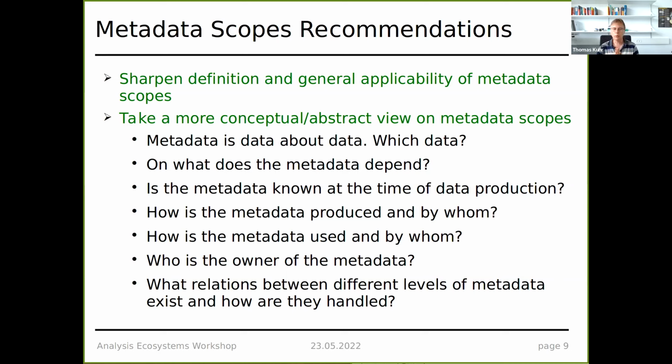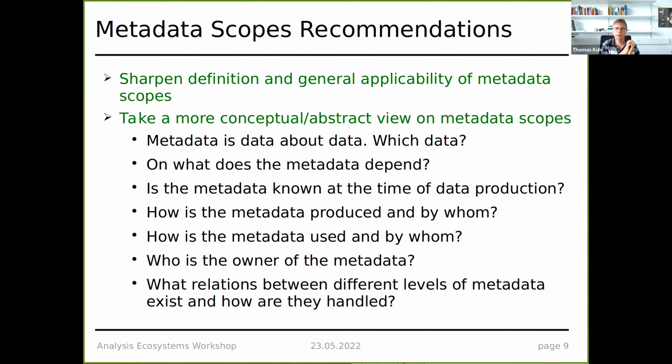Here one can then also be explicit about which data. Do we agree about which data it is, or can we even say at all that it is about some other data? If not, maybe then it's not metadata in a strict sense. This also relates, of course, to what the metadata depends on.